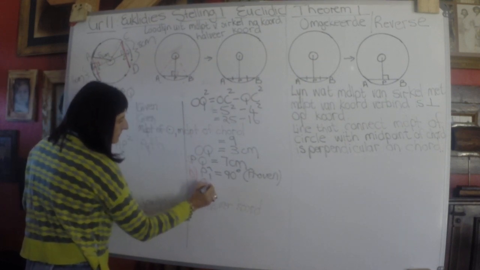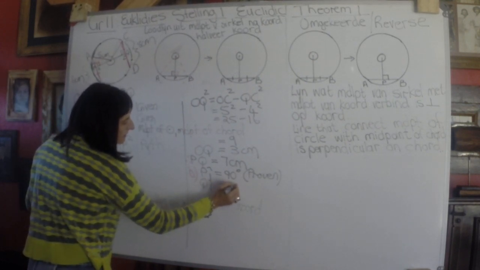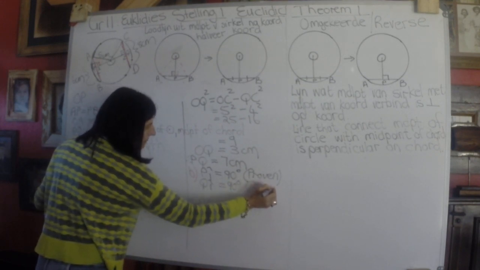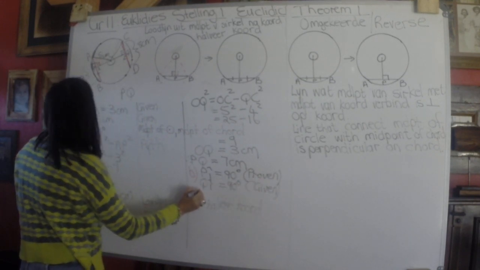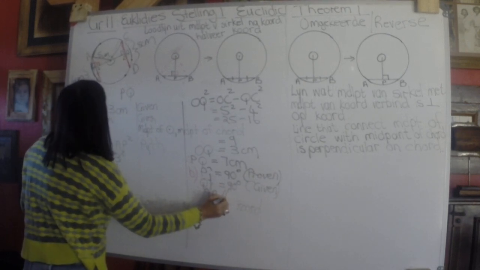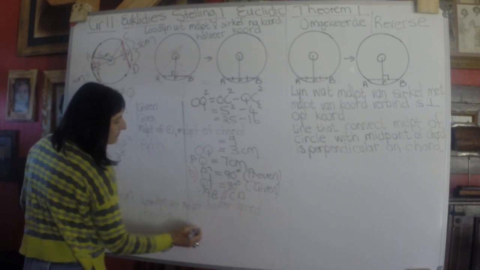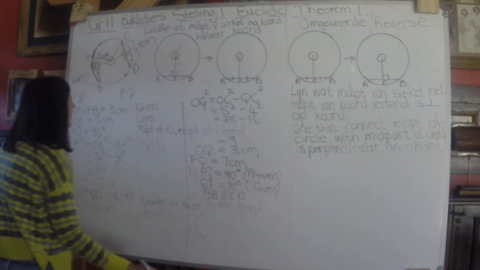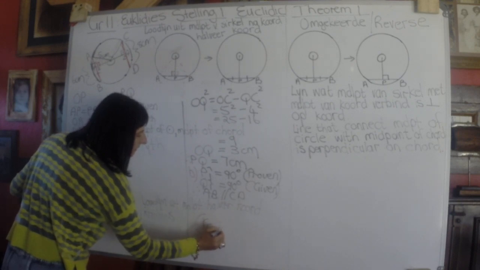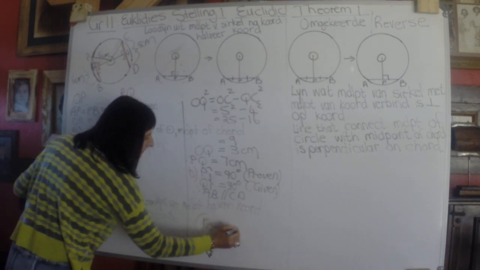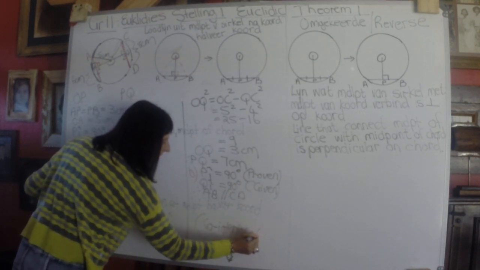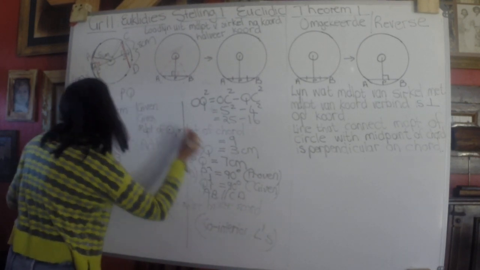Q1 equals 90 degrees, given. And therefore, AB is parallel to CD. And my reason for that is co-interior angles.